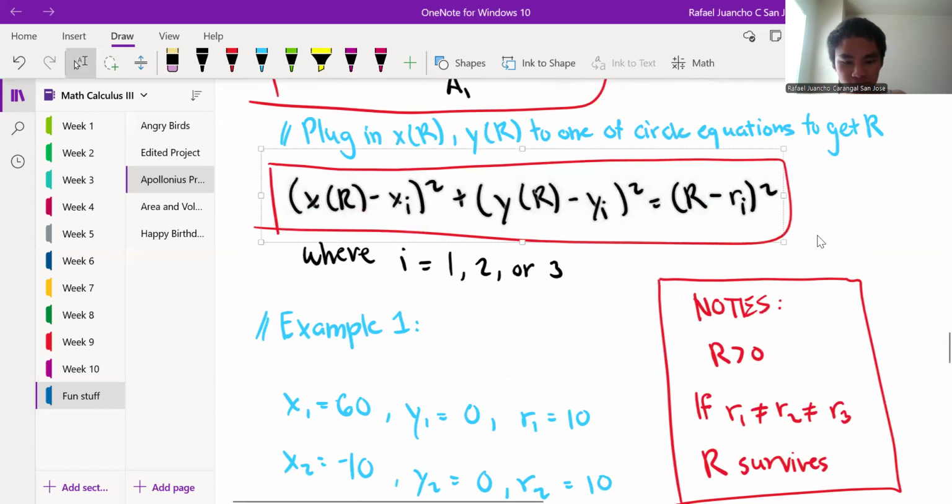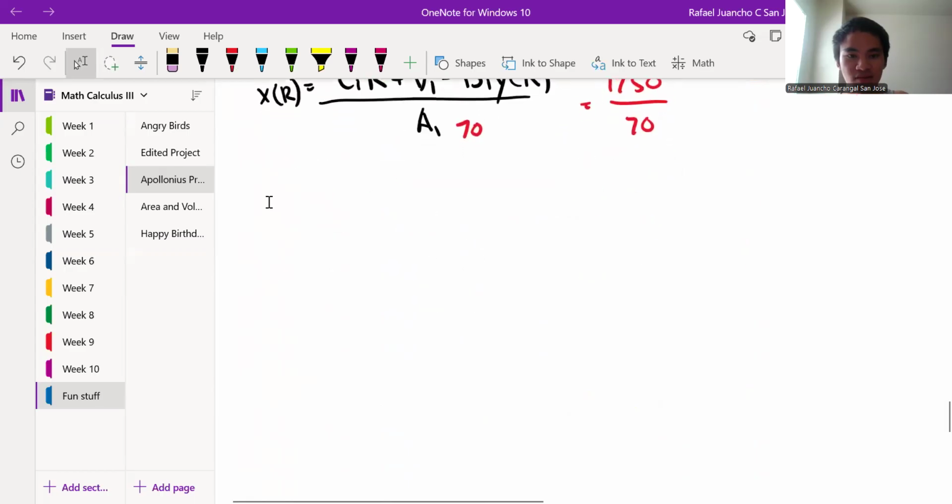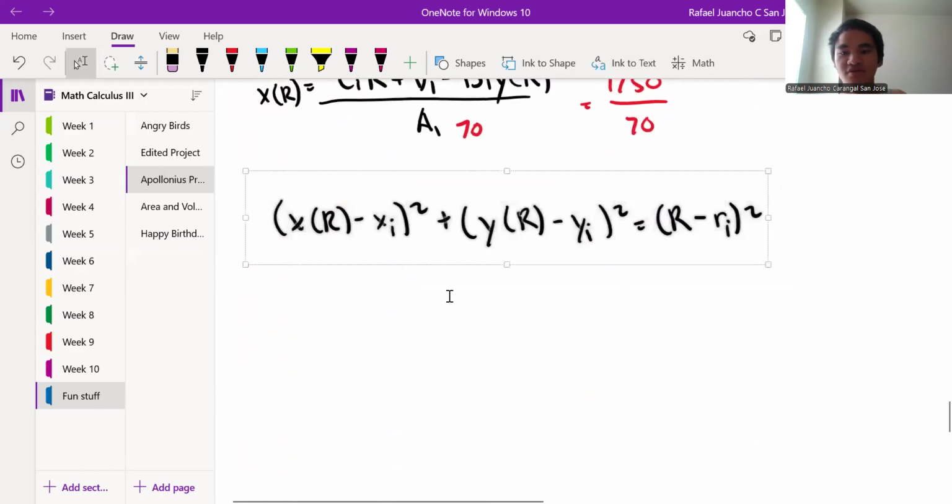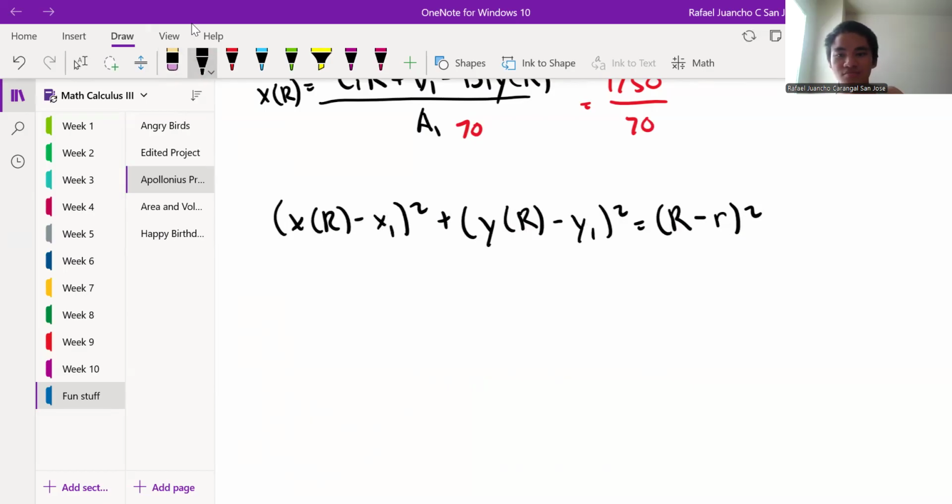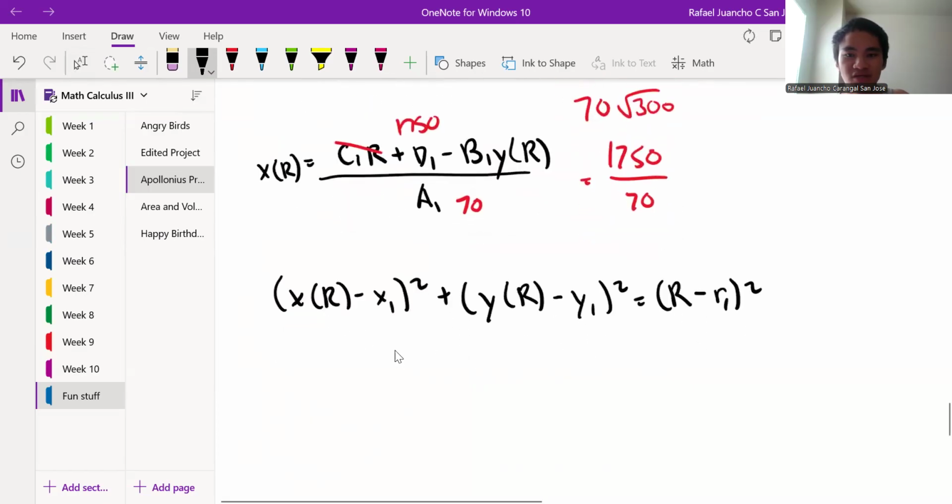Okay, so let me do this. I could plug it in for any point, right? So I'm gonna plug it in for my x sub 1, y sub 1, r sub 1. And those are numbers, right? So my x of r is 1750 over 70. My x sub 1 is 60, right?